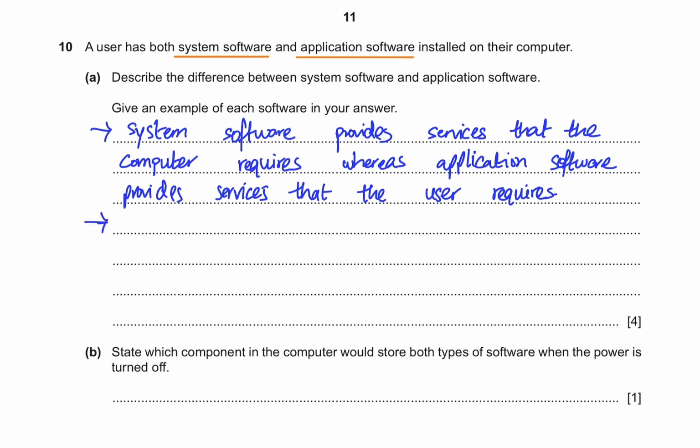Then you have to give one example from each of them. For system software I could say utility software, and for application software, I could say video editing software, web browser or word processor.